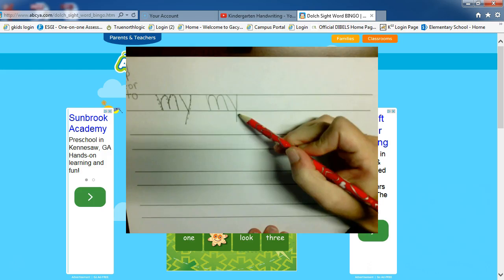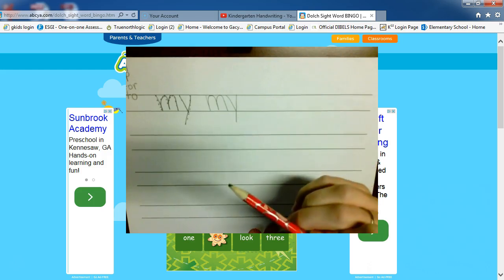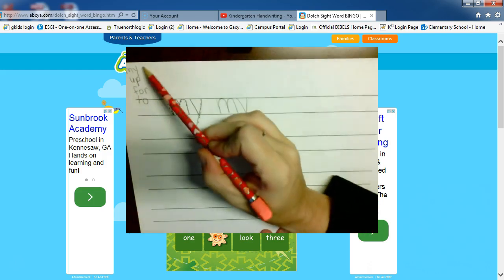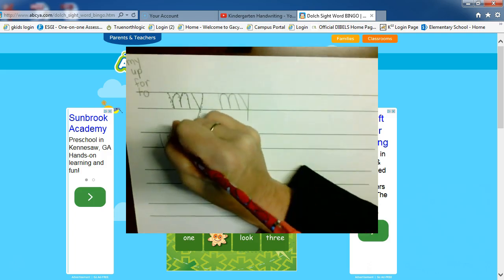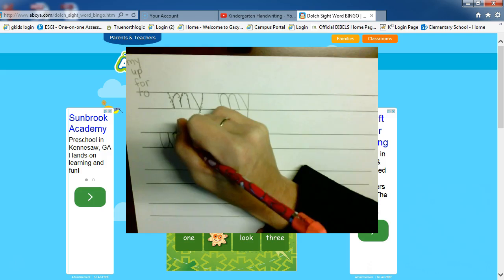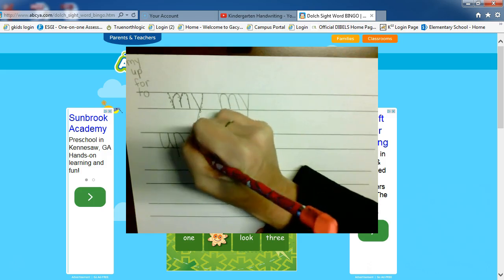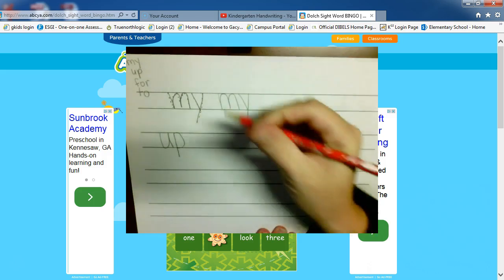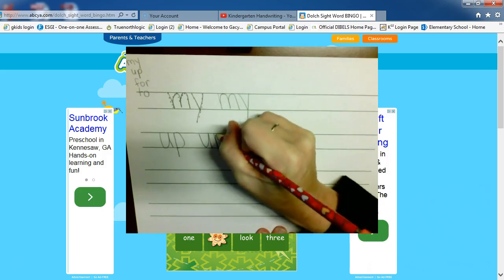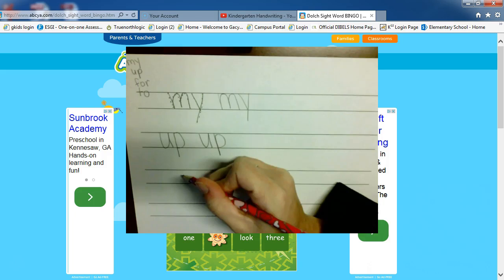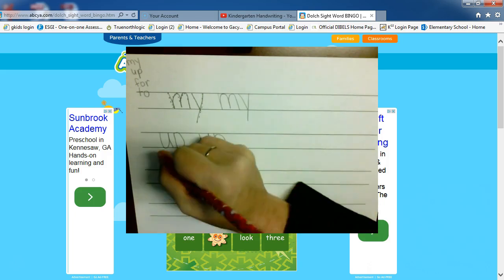Remember that Y will go below that line. Then our next word, as you can see, is up. Up also has a letter P that will go below the line. Write that all the way across. Go to our next word, which is for.